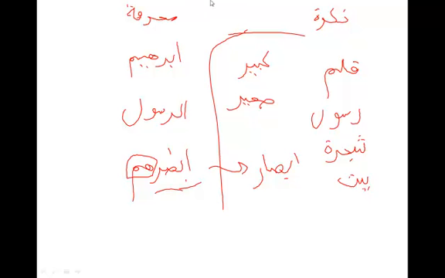Let's see if I have any more. Also, possessive doesn't have to be just with pronouns. We didn't study this yet. We'll study this in the next 2 weeks max, after the exam, inshallah. But you can make possessive without pronouns. For example, if you want to say book of the teacher, you say Kitab al-Mudarris. So instead of putting the pronoun at the end, you can just put the actual noun there.